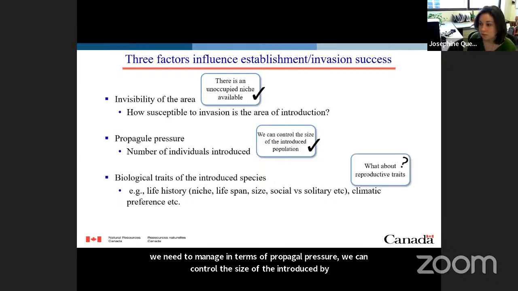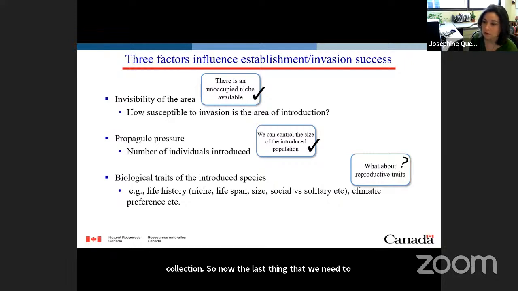So now the last thing that we need to investigate is biological traits of the introduced natural enemy. And one of the aspects that still require investigation is reproductive biology, or reproductive traits of those introduced species. And so this is where I specialize and what I'm studying at the moment.